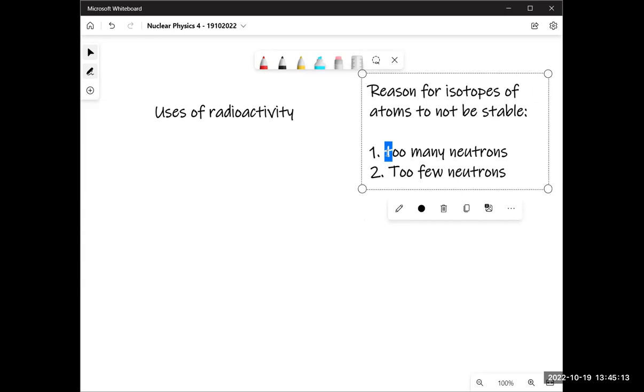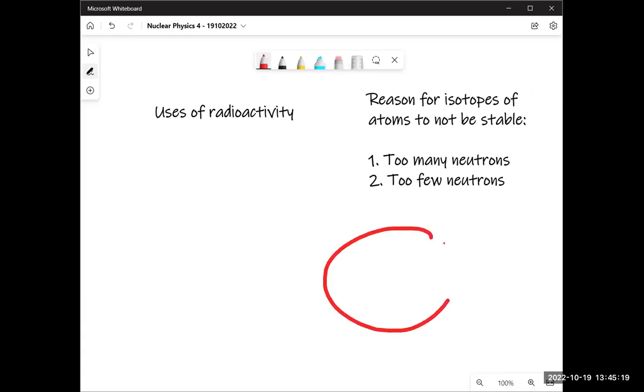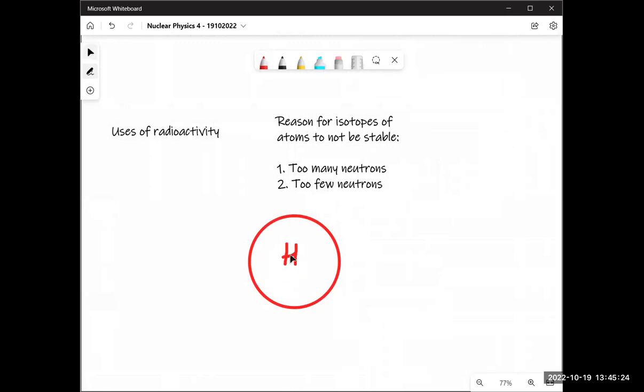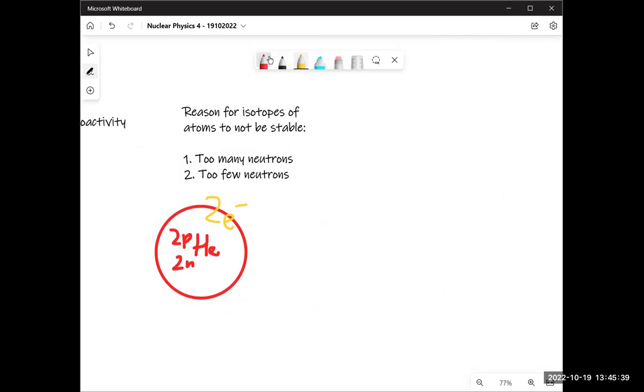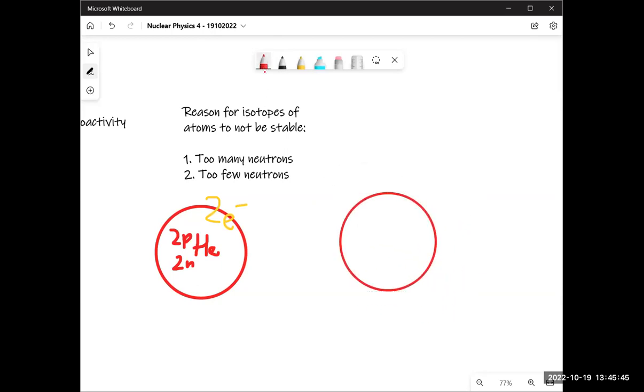We need to know that if let's say you have any atom, perhaps let's say helium. Helium has 2 protons and 2 neutrons and 2 electrons. But if you get another isotope of this atom, and we add, let's say, 200 neutrons to it, obviously, having 200 neutrons will make it unstable, because 1 proton and 200 neutrons, that's not stable at all.